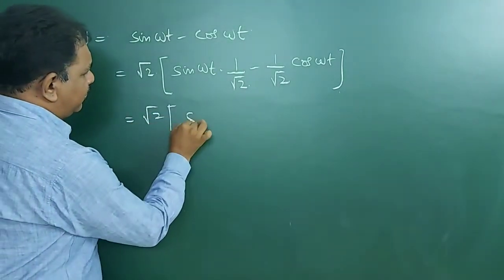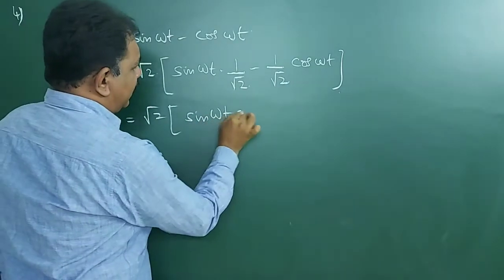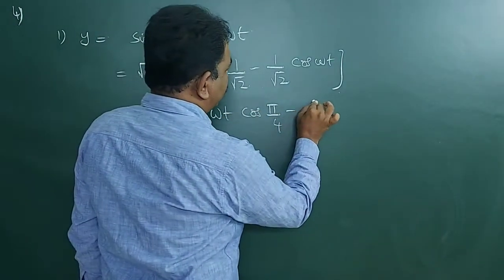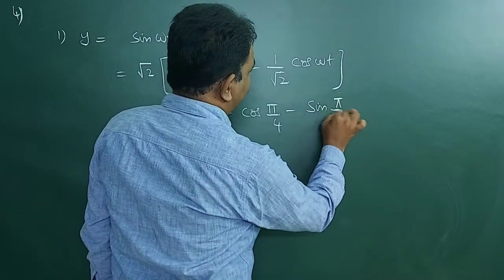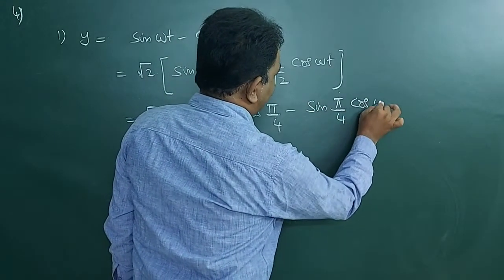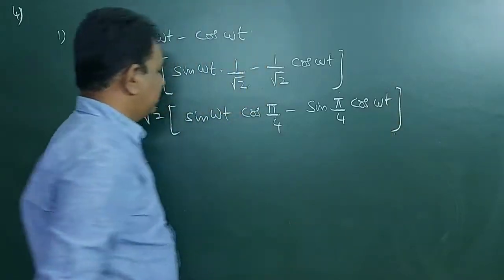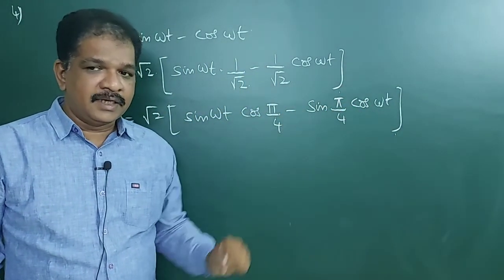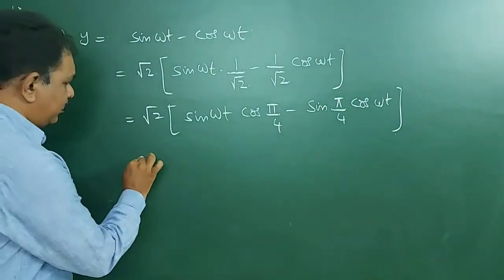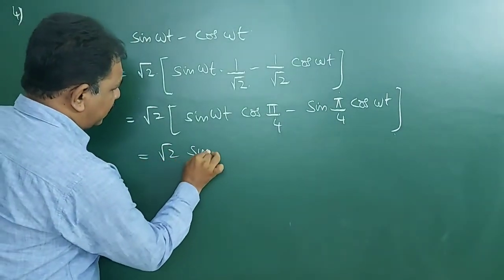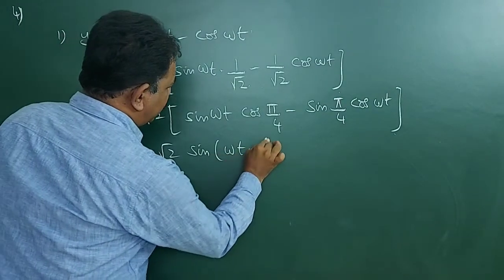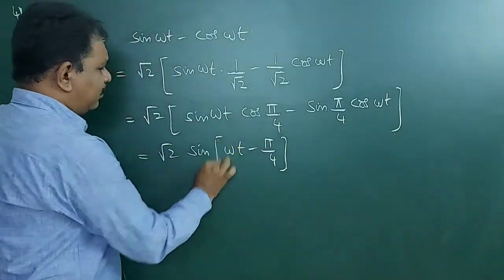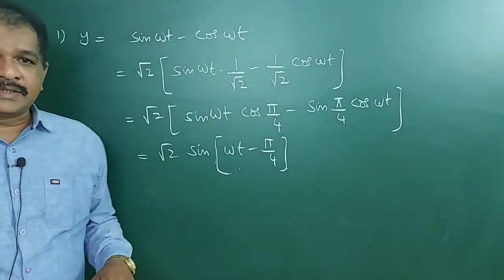Root 2 into sin omega t cos pi by 4 minus sin pi by 4 cos omega t. Sin A cos B minus cos A sin B. So this value is sin of omega t minus pi by 4. Here the particle is in SHM.